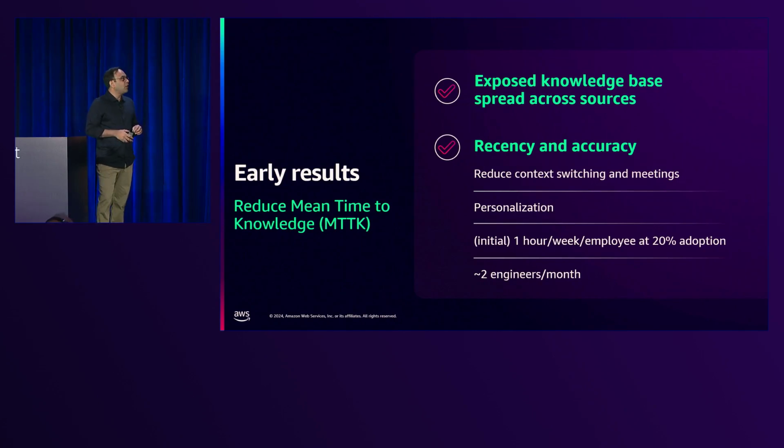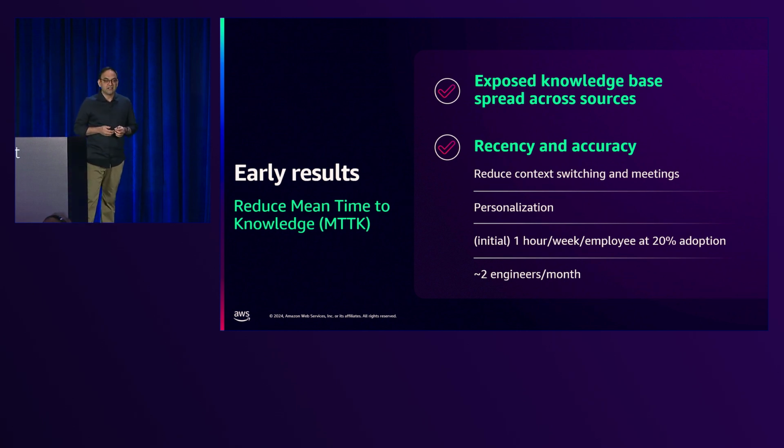So how are our early results based on the targets that we have? We are investing time into the Q app, obviously. We need to know our definition of success and be able to see how we are succeeding. Internally, we came up with a measure called mean time to knowledge, along the lines of MTTR and MTTD in incident response times.